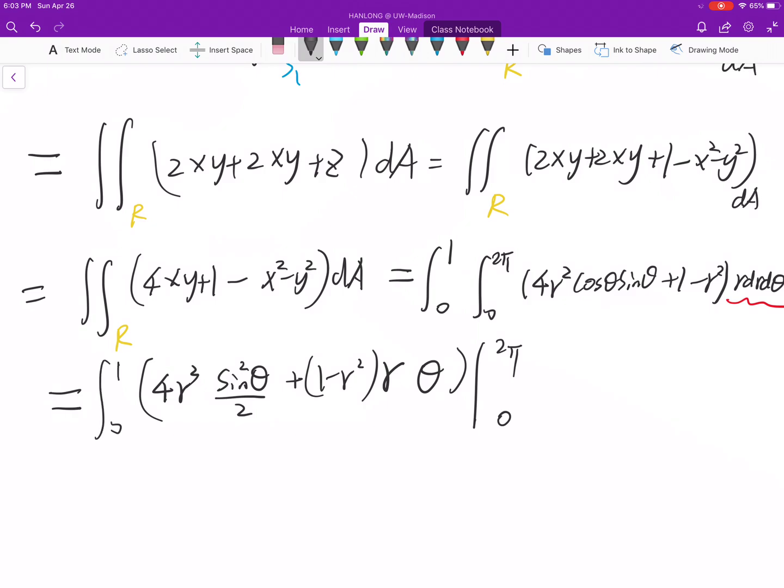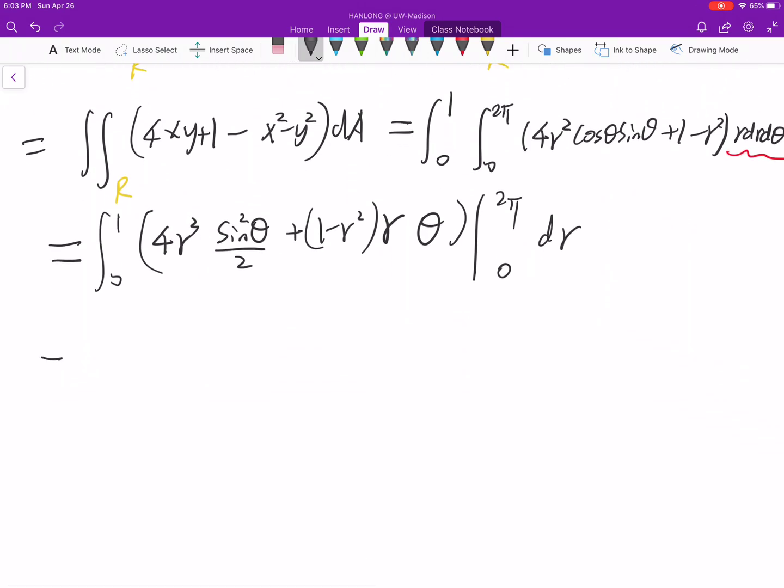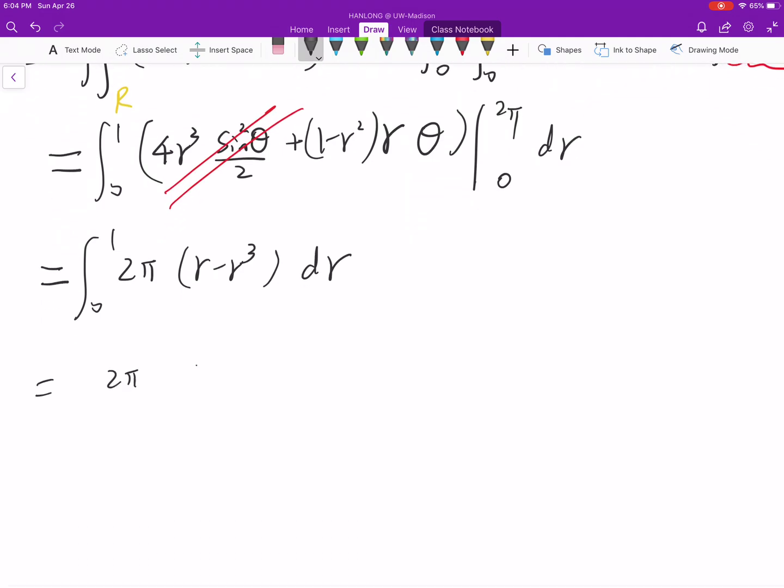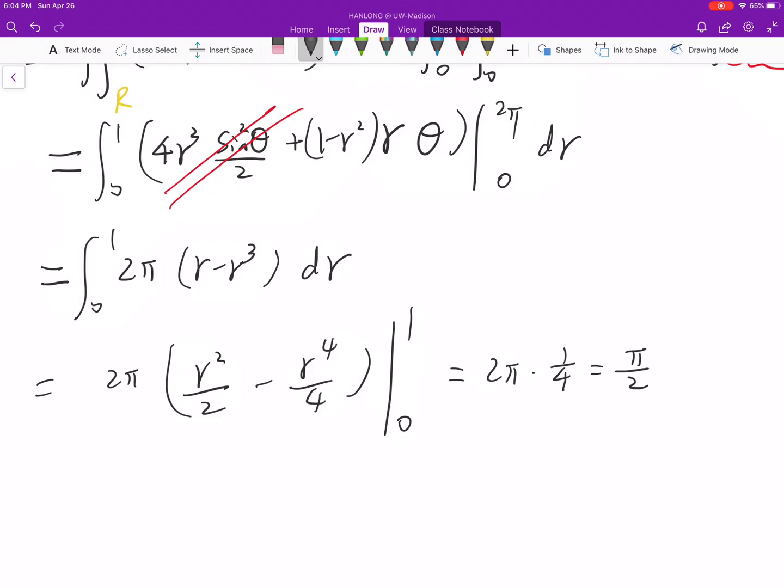Outside you have the integral with respect to r, and it's easy to see this part is gone because the endpoints are 2 pi and 0; plug in, you have 0. And then the second part, you can evaluate: 2 pi times the integral of r minus r cubed from 0 to 1. Then you have 2 pi times r squared divided by 2 minus r cubed divided by 4, evaluated at 1 and 0. Therefore, you have 2 pi times 1/4, which is pi over 2.